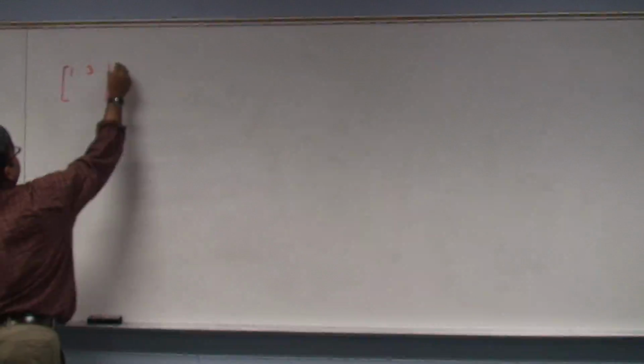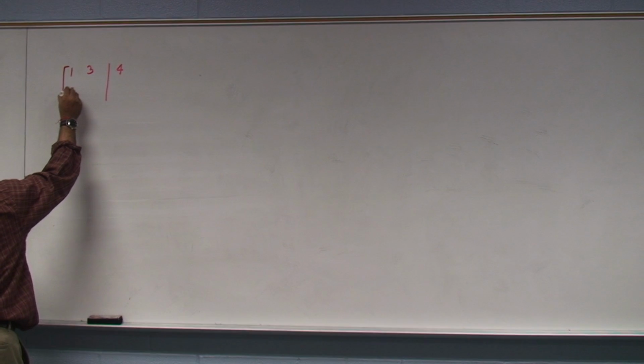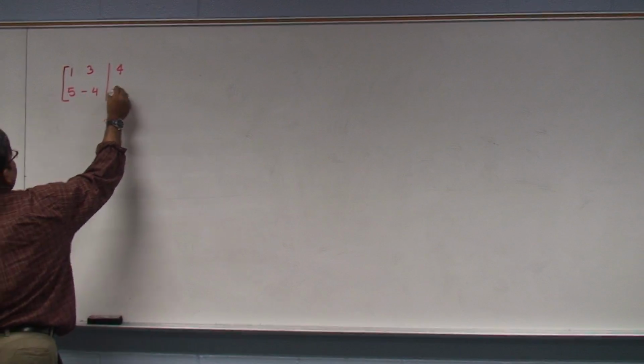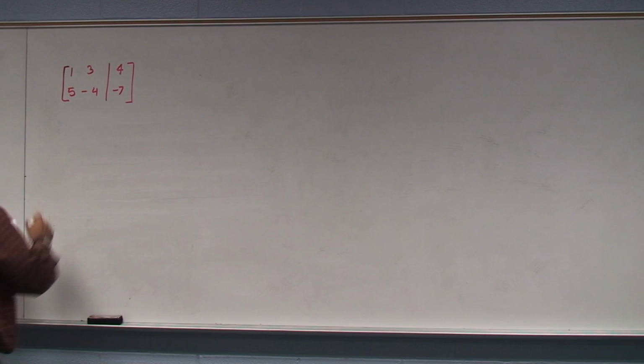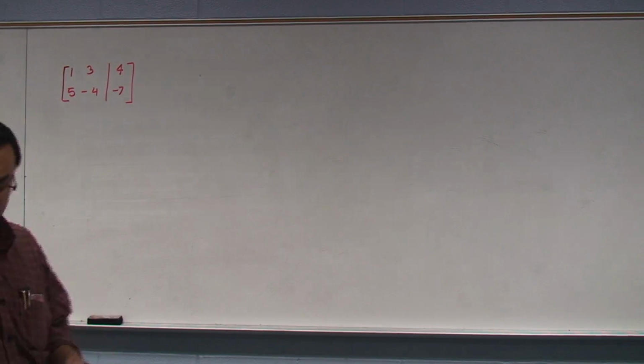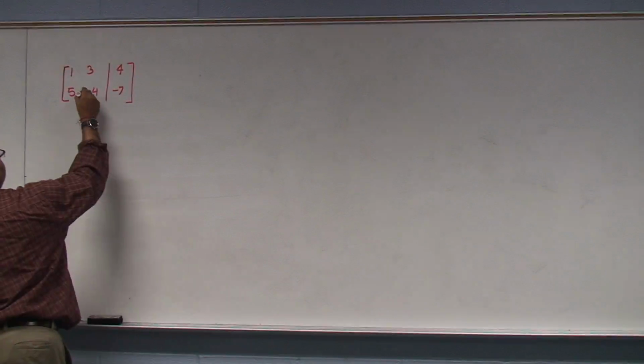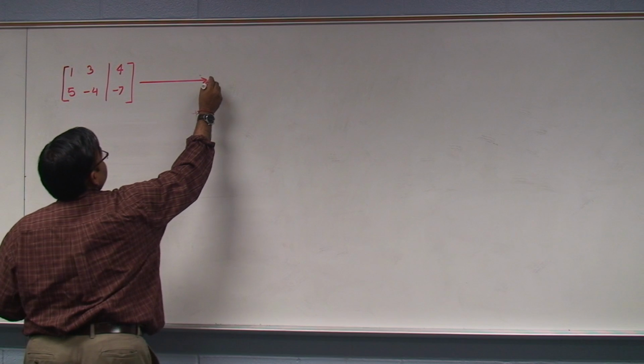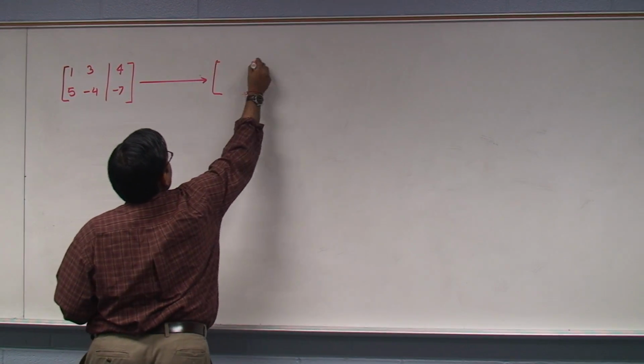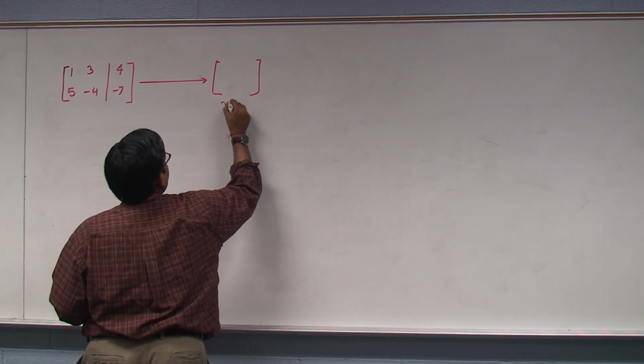The numbers I had used were 1, 3, 4, 5, minus 4, minus 7. Our objective is to get its row-reduced echelon form. We want to do some row operations and end up getting the row-reduced echelon form.